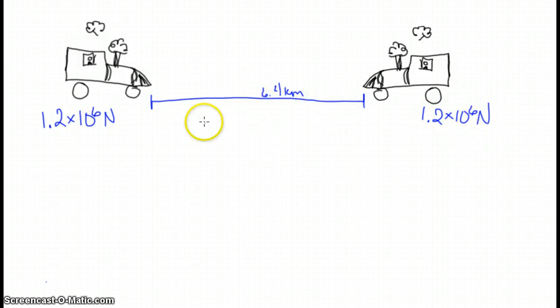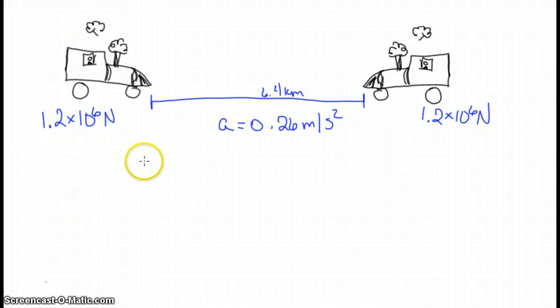We know how far apart they are. The acceleration of each locomotive is about 0.26 meters per second squared. We want to know what the total kinetic energy was of the system just before the collision. Well, one of the easiest ways to do this is to first find the velocity.